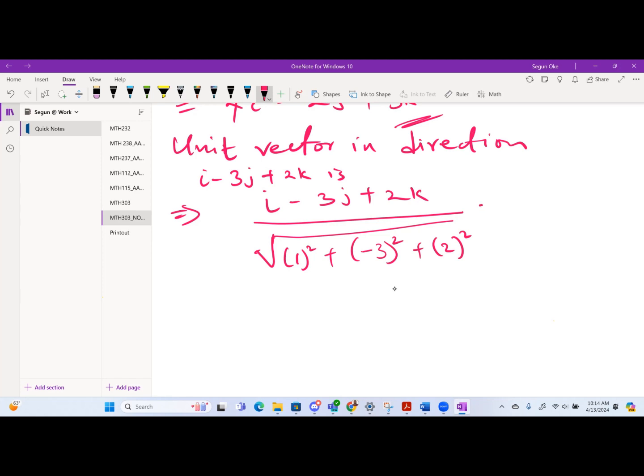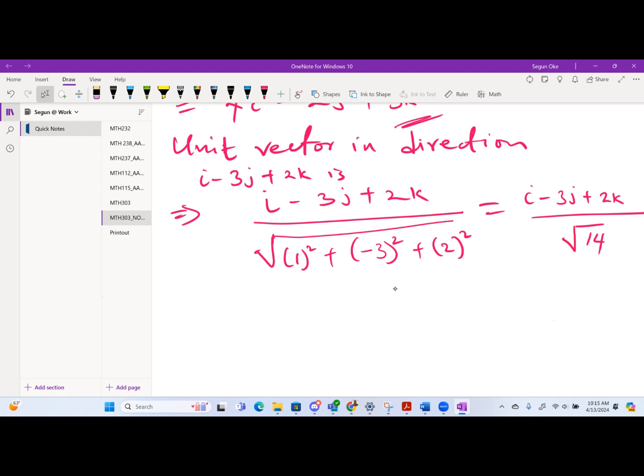If you add these together, 1 plus 9 plus 4 making 14, we have i minus 3j plus 2k over the square root of 14.